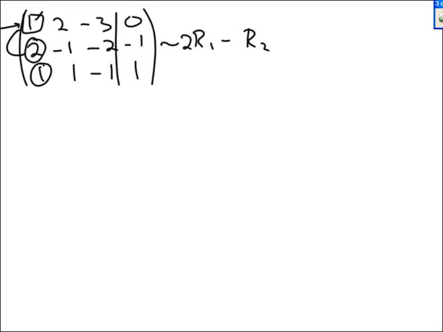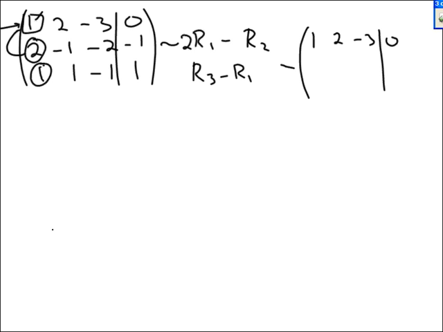I'm going to use that first row. Well, they're both 1s. I'll just do row 3 minus row 1. It doesn't matter if you do row 3 minus row 1 or row 1 minus row 3. You'll get different rows, but in the end, you'll get the same answer.